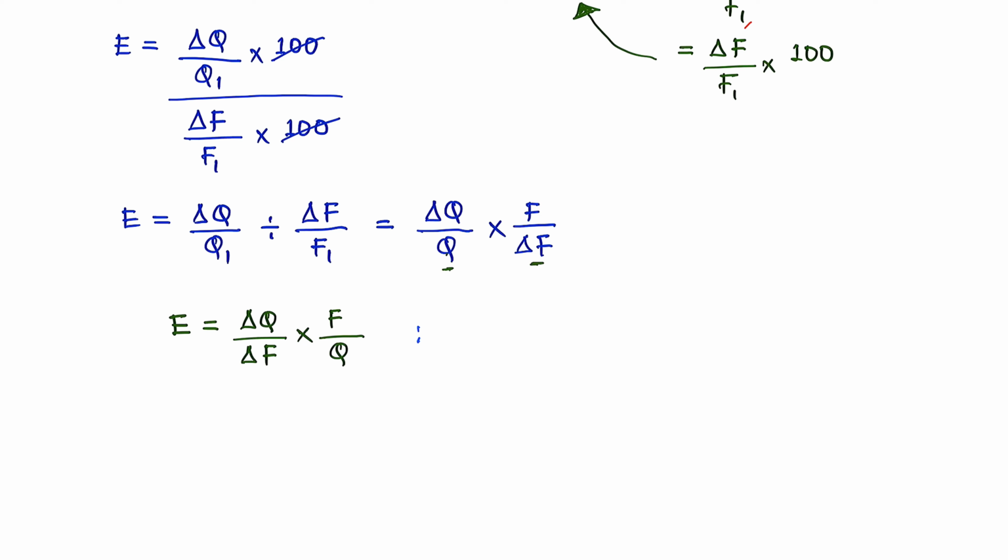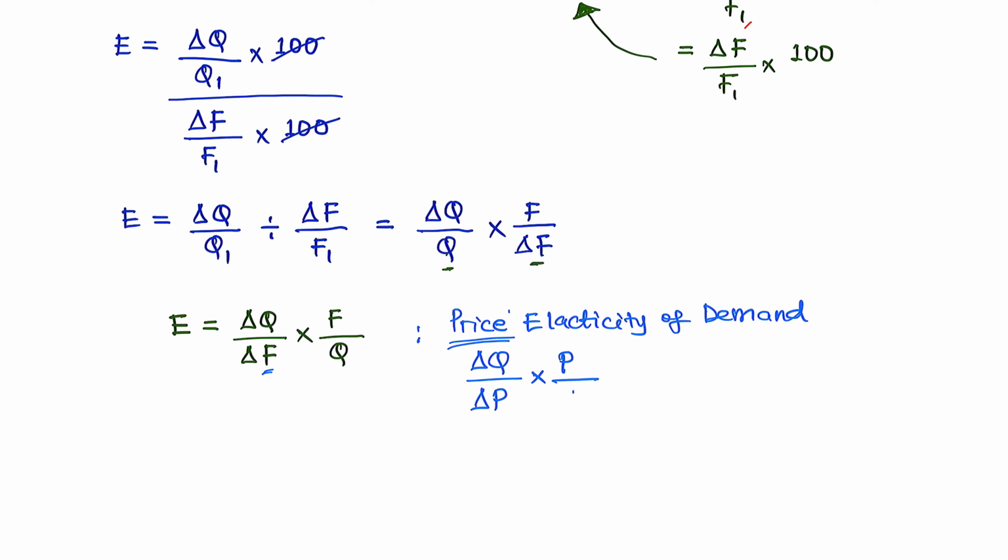So if I'm calculating price elasticity of demand, and I have just only numbers, so I replace it with change in quantity divided by change in, instead of writing the factor now, we will replace the factor with price because the price is the factor in this question. The price is the factor. So multiply by price divided by quantity.